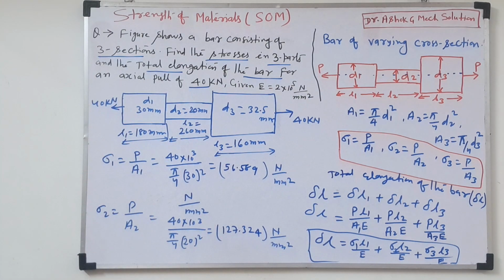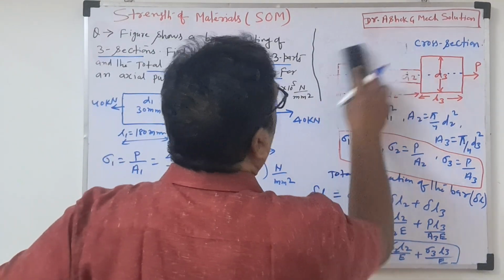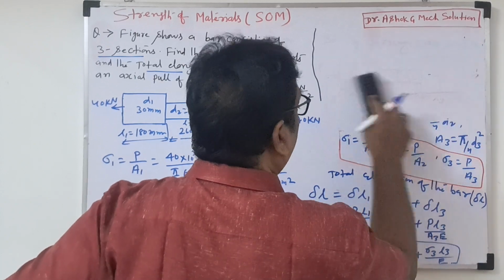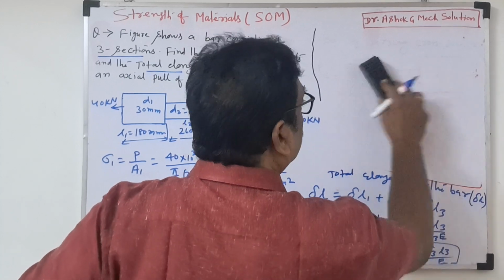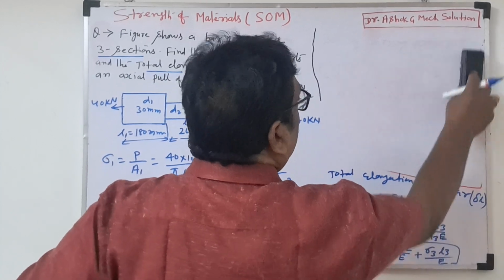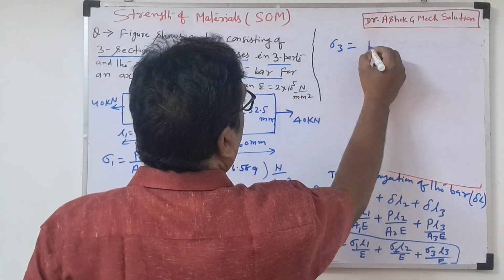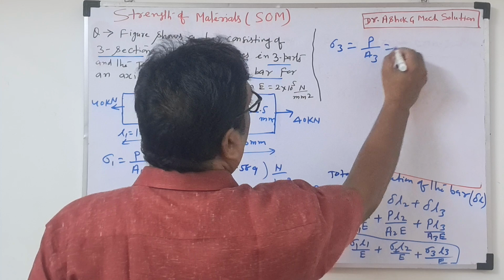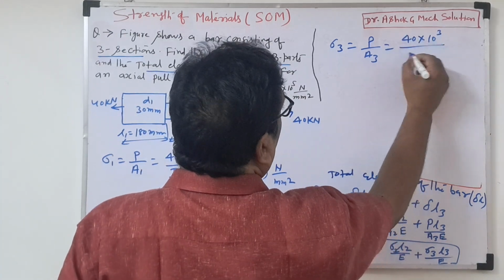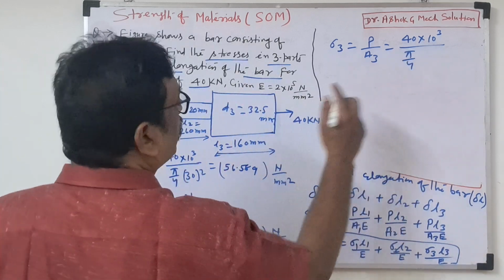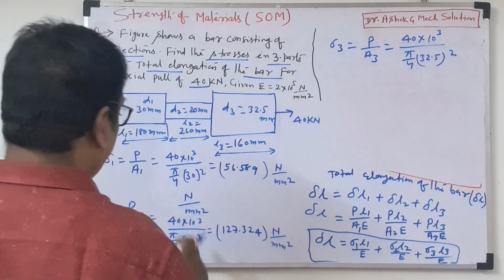Sigma 2 came. Now we will calculate sigma 3. The formula is P by A3, where P is 40 into 10 power 3, converting kilonewton to Newton, and pi by 4 into dia 32.5 whole square.